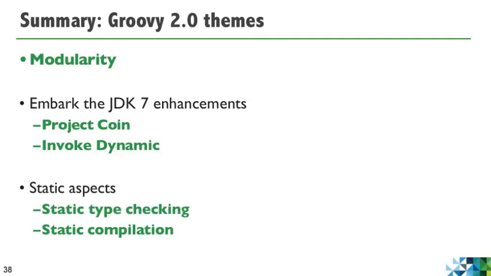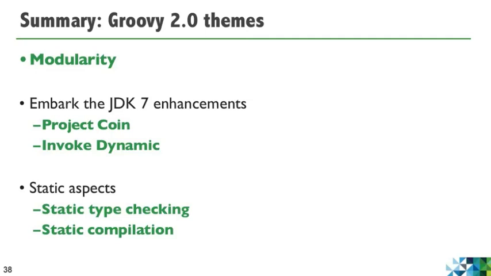With the JDK7 theme, we introduced the Project Coin syntax enhancements, like the multicatch, the binary literals, the underscores in number literals. And we also added the InvokeDynamic support so that you can get better performance if you're using JDK7.